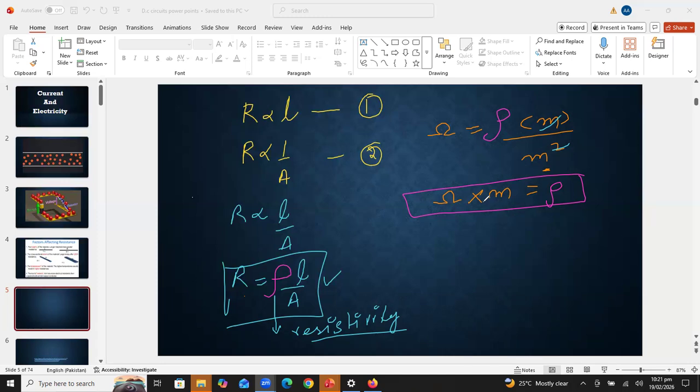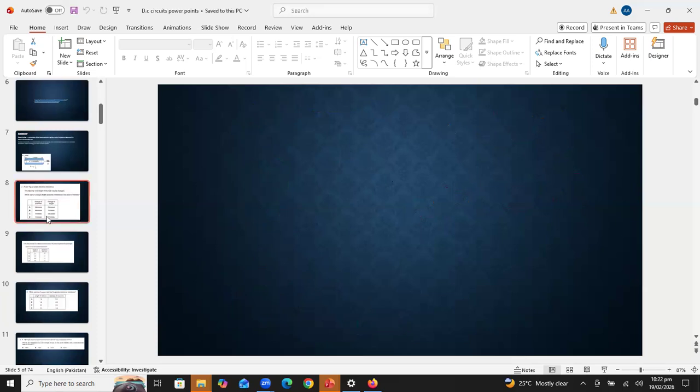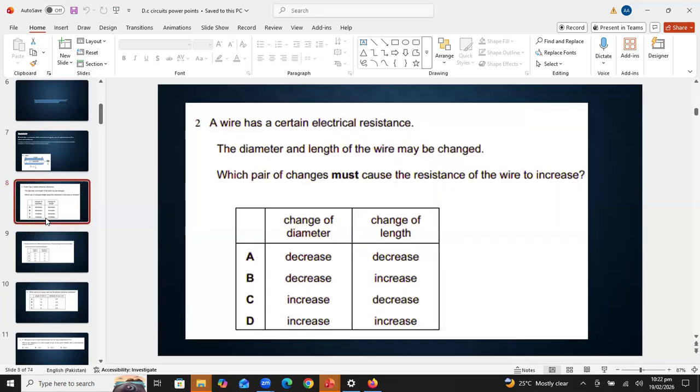Now students, we will use this formula and these 4 factors to solve different types of numericals. Can I clear the screen, everyone? Now students, I have added lots of past paper questions here, so we can use these questions to understand this concept. Now you can see question number 2.